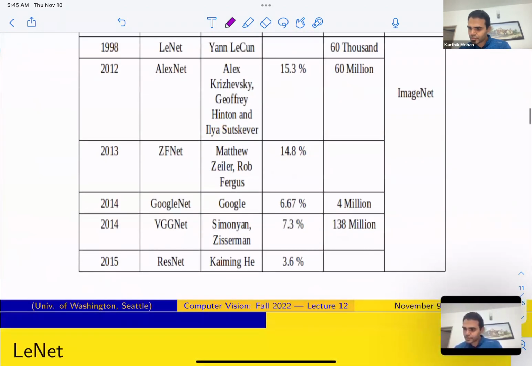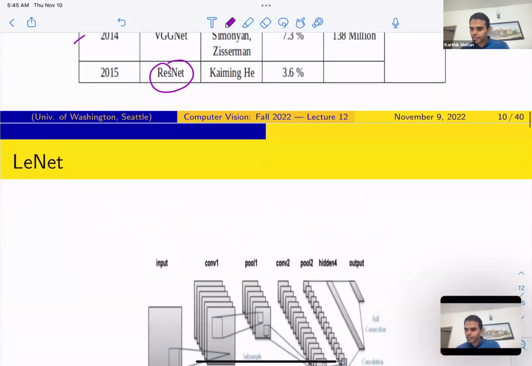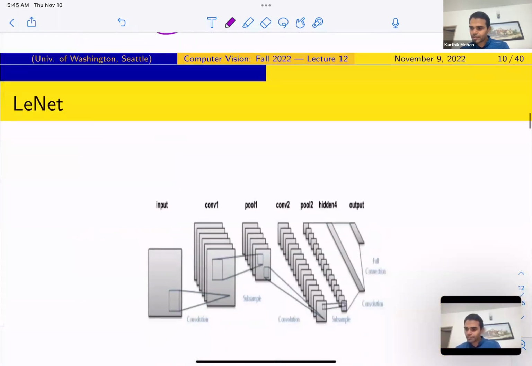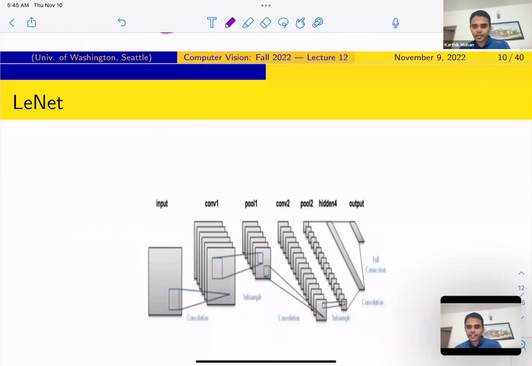Okay. So we've looked at AlexNet, ZFNet, GoogleNet, VGGNet. So we'll look at ResNet today. Just as a recap, it all started with LeNet, and the naming is also based on who came up with it. So Yann LeCun came up with the LeNet.